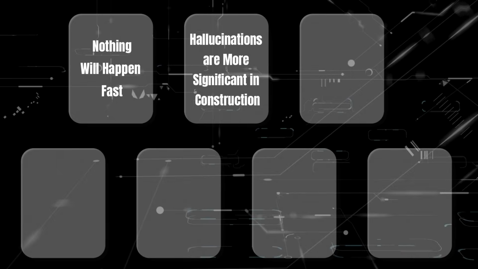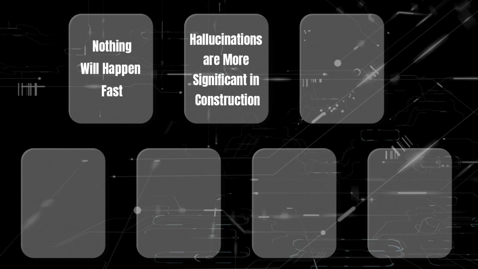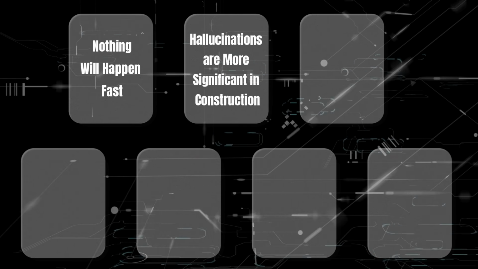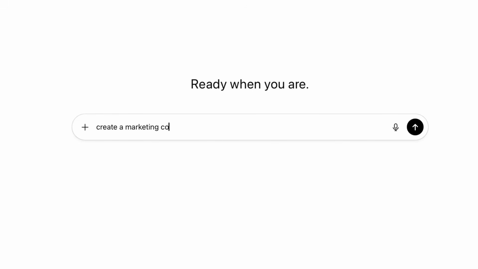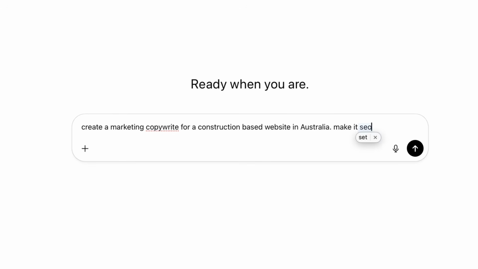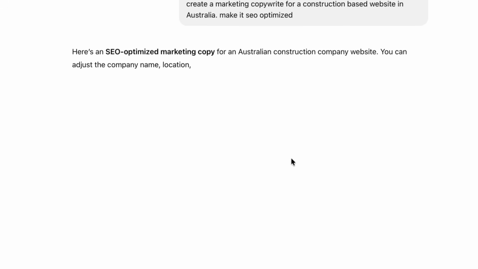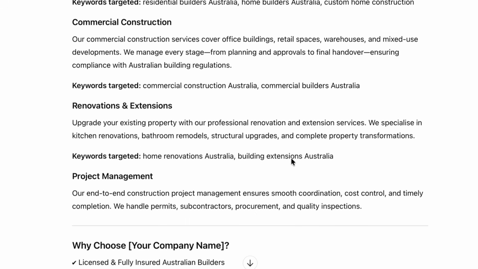Prediction number 2, AI hallucination problem is more significant in construction than it is in any other industry. ChatGPT writes the marketing copy for your website and it's 95% wrong, so your conversion rates go down slightly for a day or two before you notice, it genuinely doesn't matter.